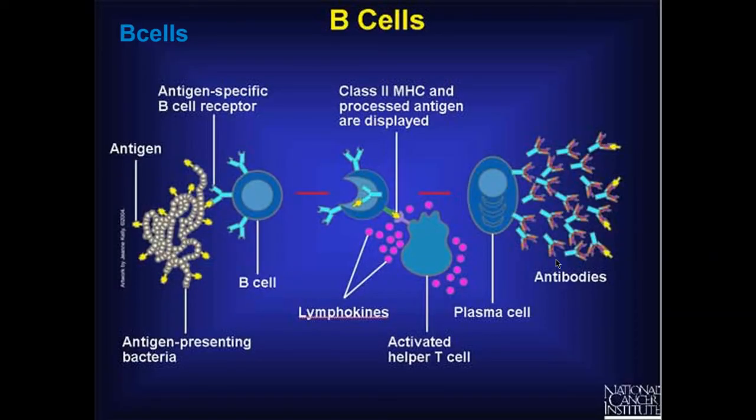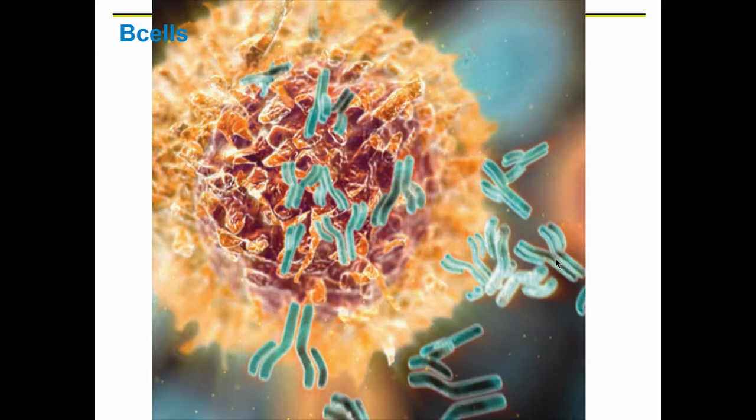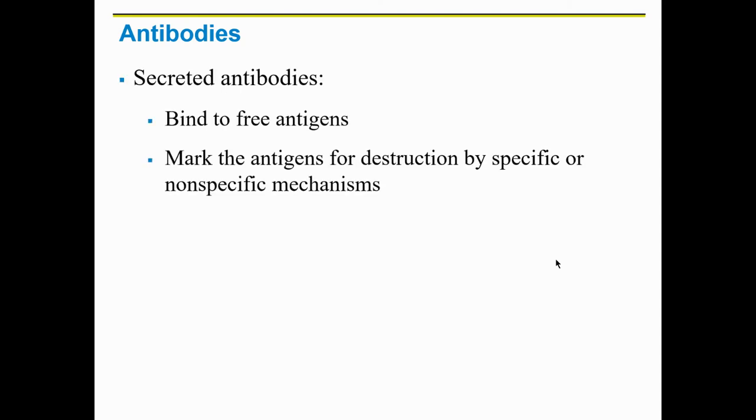So here you can see B cells. Remember, they have released these antibodies as plasma cells, and here you can see antibodies. So let's talk about antibodies themselves. So antibodies are just proteins. They're not alive.